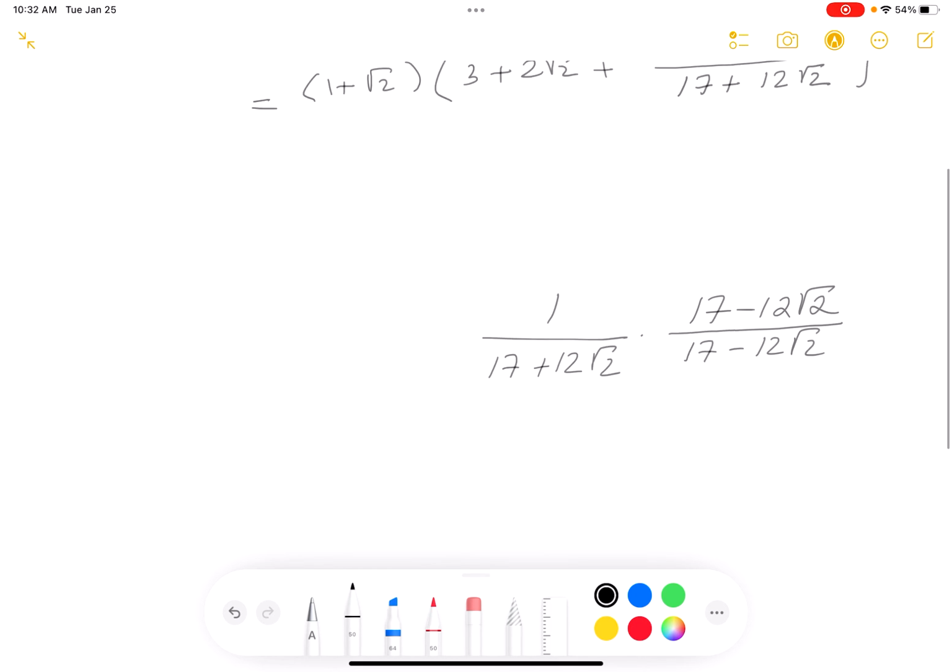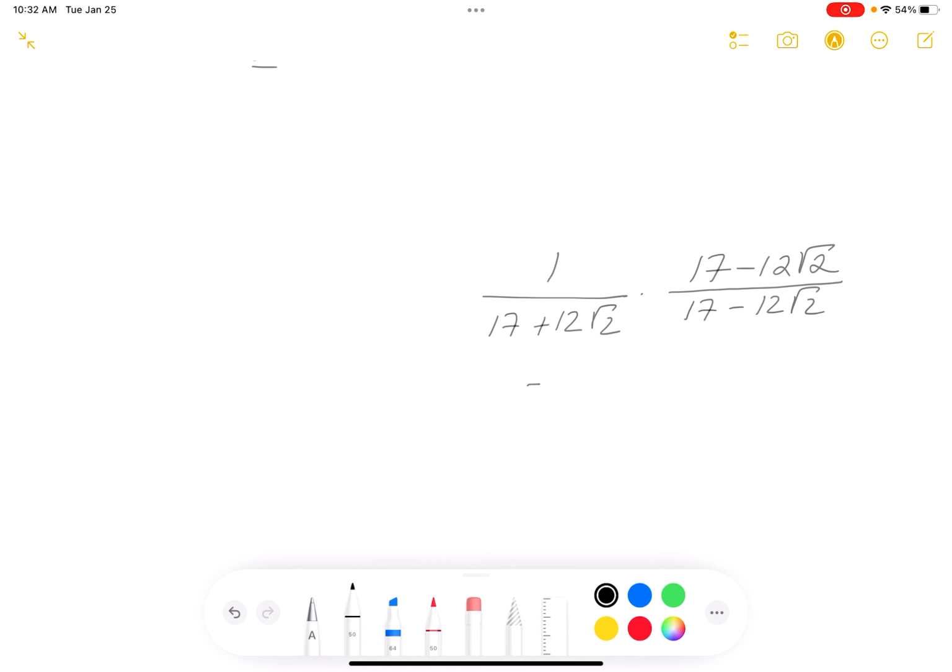All right, pretty tough, right? Let's see. I hope it's going to work out pretty nicely. So let's see, 17 minus 12 root 2. And let's see, 17 times 17. Let's put this on the side. Well, 10 times 17 is 170, right? 7 times 10 is 70.